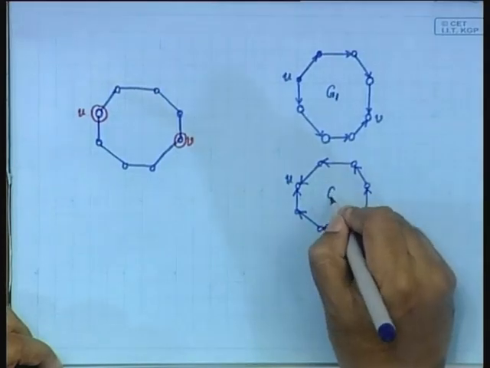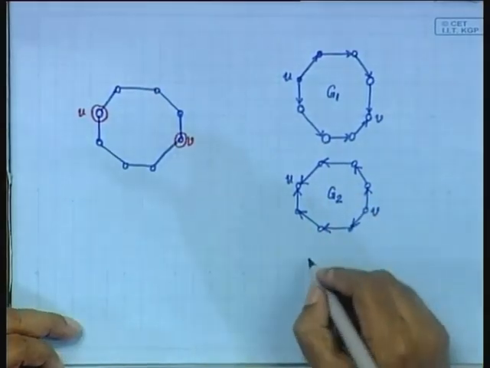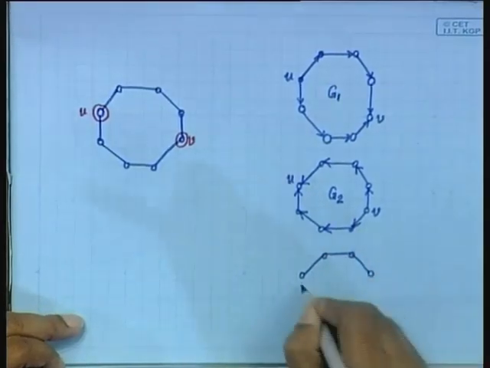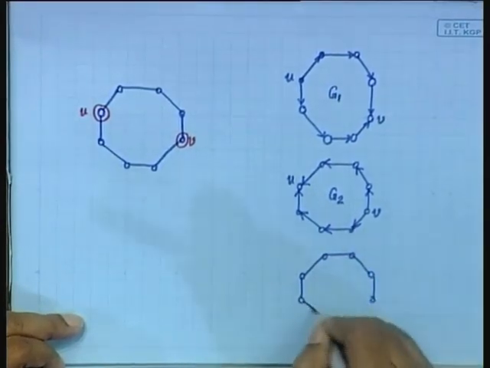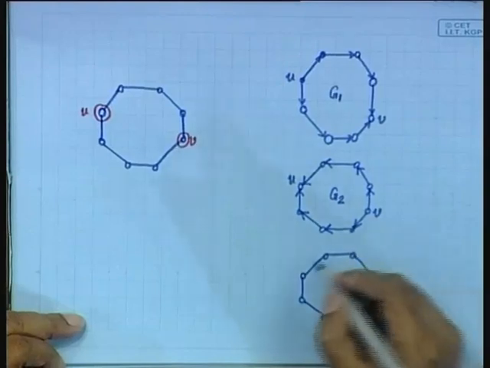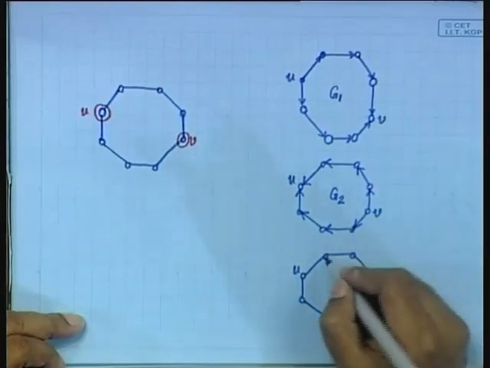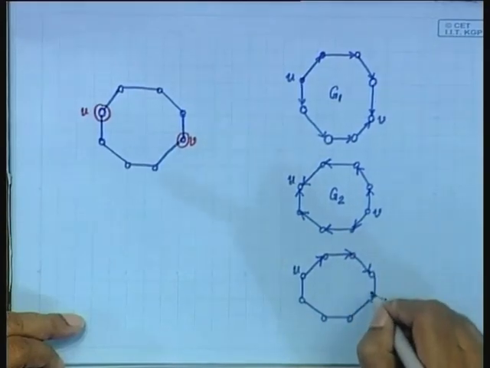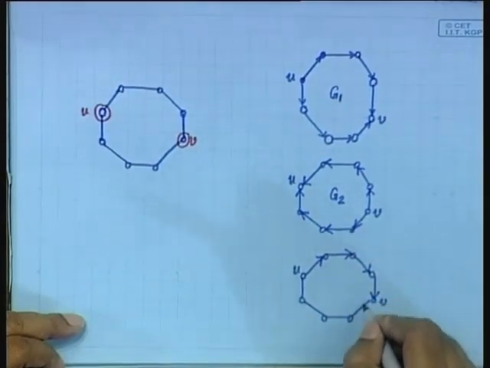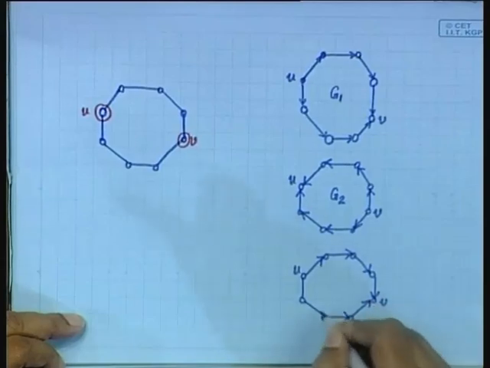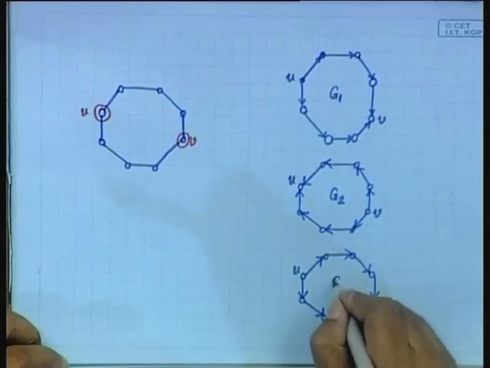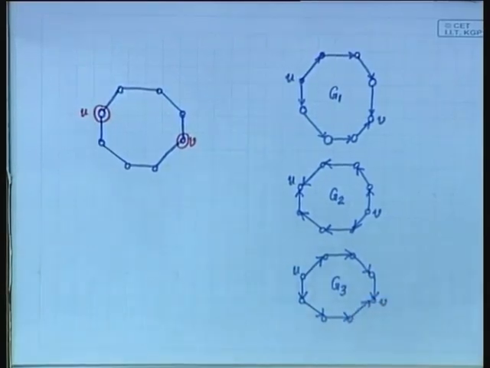Okay, this is my G2 and this is G3. G3 and G1 are identical.